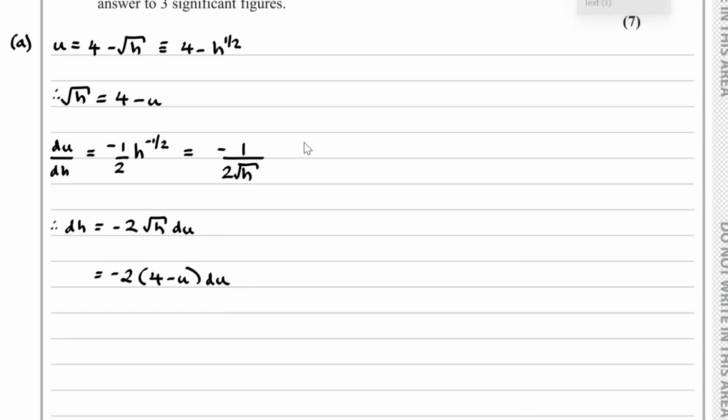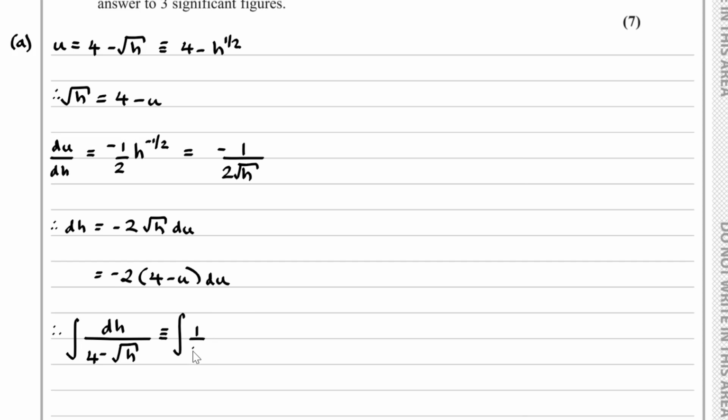Okay, and having said all that, we can replace as necessary with our integral. We have dh over 4 minus square root of h. That's going to be equivalent to, well, here we have 1 over u, and that's because u is equal to 4 minus square root h.